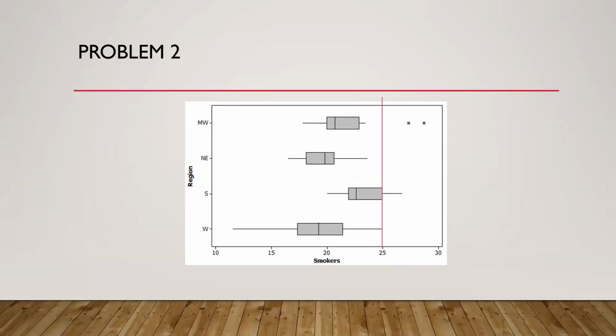And now we're looking at the box plot for the western states, and it shows that every single western state is 25% or less. So we would fill in that blank in part G by saying the smoking rate is no more than 25% in 100% of the western states.